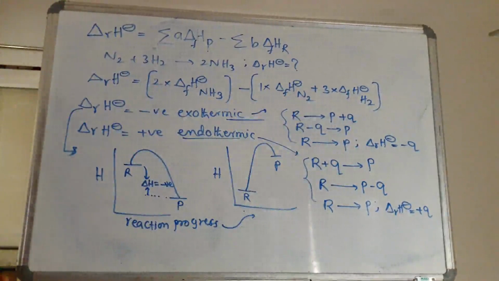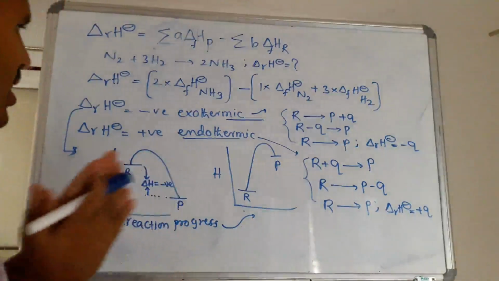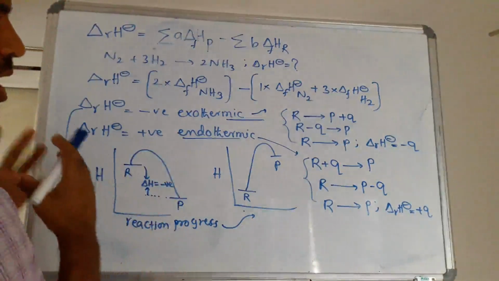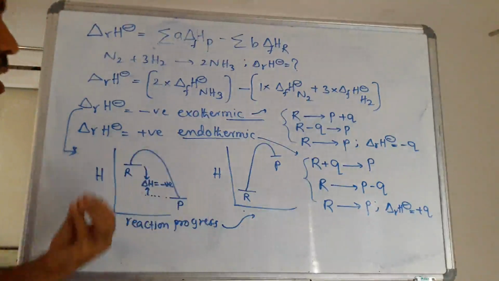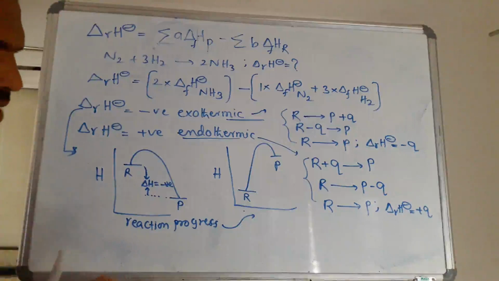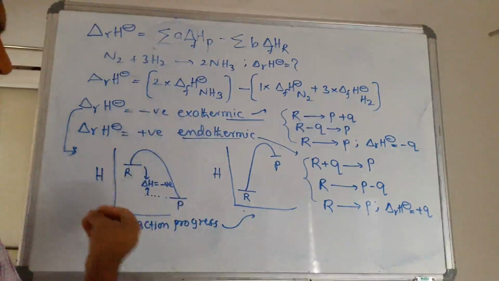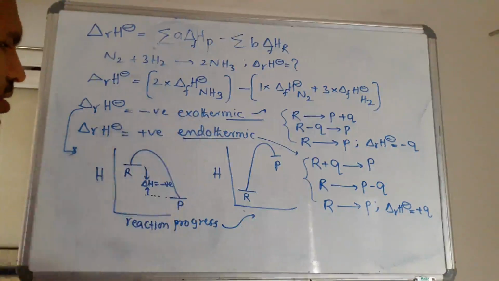Whatever the energy change involved in a reaction, that may be loss or gain, is called enthalpy of reaction. If that energy is measured at the standard condition, it is called standard enthalpy of reaction.